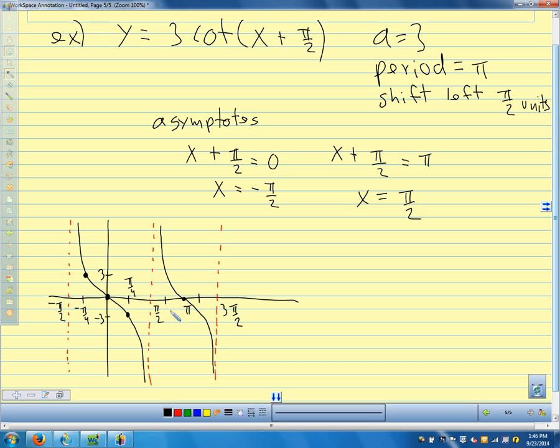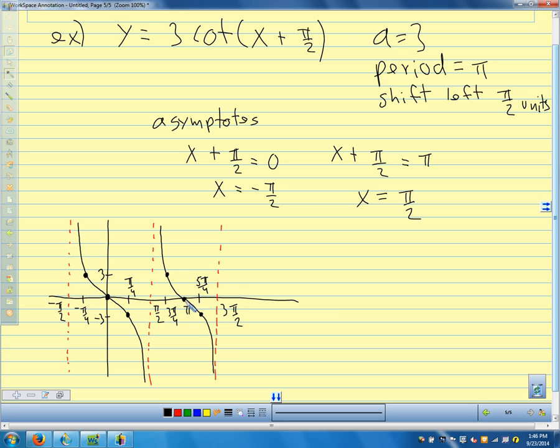And this point would be 3 pi over 4, halfway between pi over 2 and pi. And that point's going to be at 3. And this point is going to be 5 pi over 4, halfway between pi and 3 pi over 2. And that's going to be down here at negative 3. So that would be my sketch of my cotangent graph.